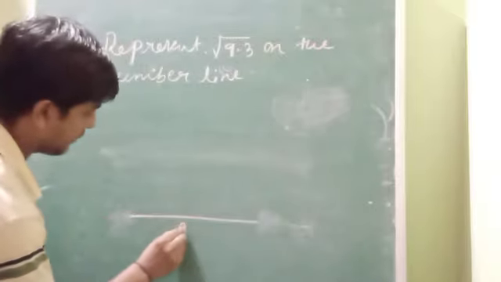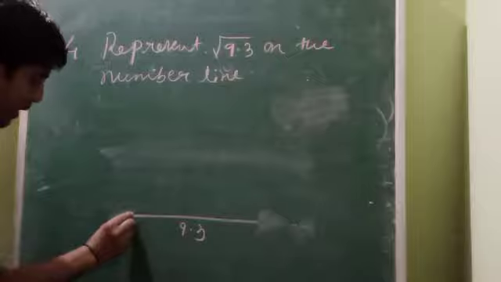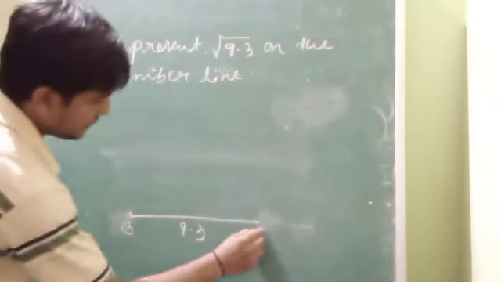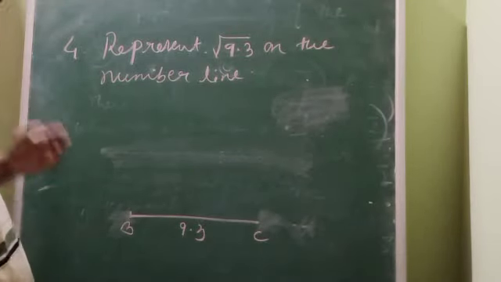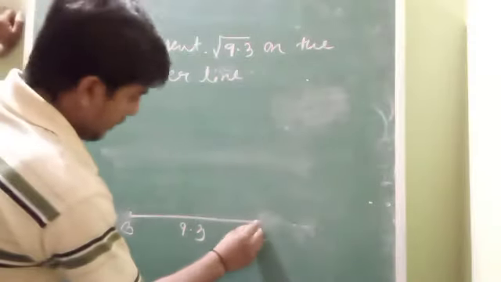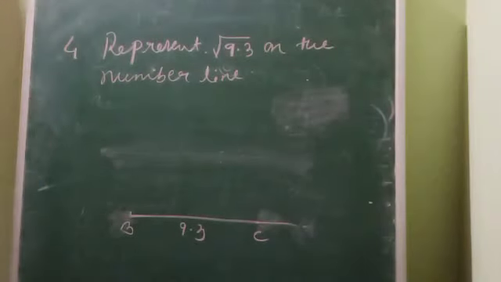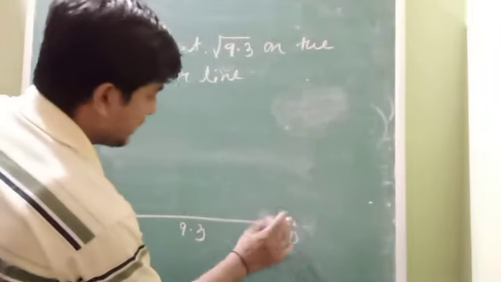Suppose this is 9.3. Okay? All of you understood? Now, this is BC. Extend CD as 1 unit. Here, CD is 1 unit.